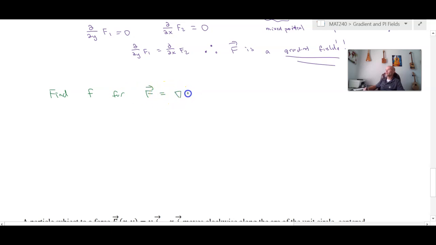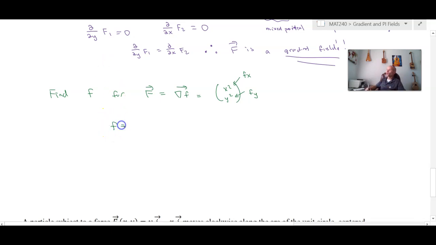So for our example, we want to find f for our vector field, which was a gradient field, which was equal to x squared, y squared. All right, so if this is in fact a gradient field, which we know it is, this x squared is already the derivative of some function with respect to x. This function right here is already some derivative with respect to y. So let's find out what f is.